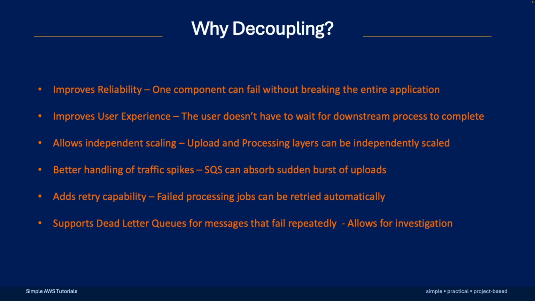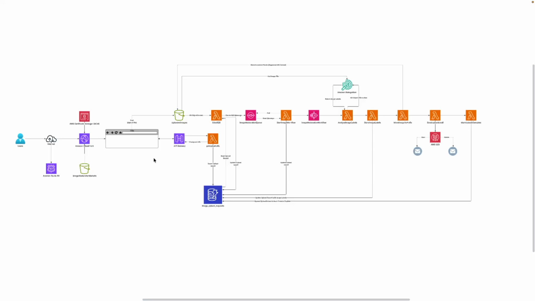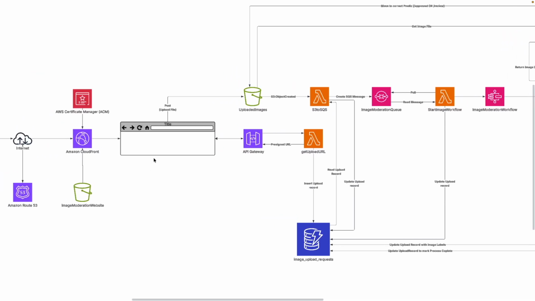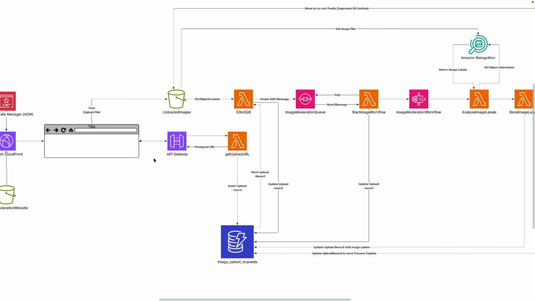Okay, so now that we are clear on why decoupling is important, let's go back and look at our architecture diagram. Here is our architecture. In our previous parts, we already built this website and enabled it to get a pre-signed URL from this Lambda function and upload the images in the S3 bucket directly from the browser.